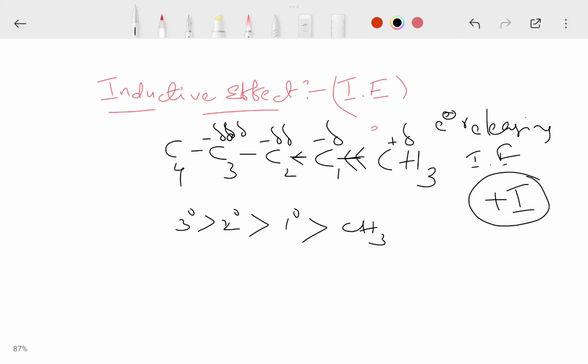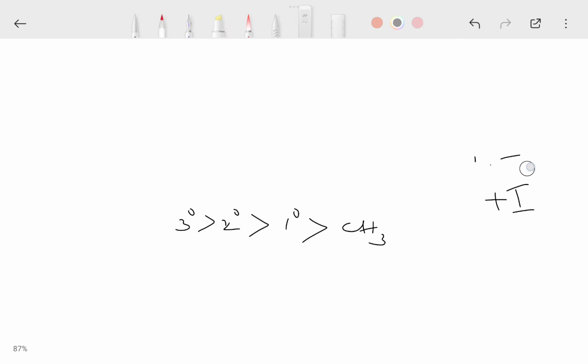Here we are discussing inductive effect. What is inductive effect? The transfer of electrons through sigma bond is known as inductive effect. There are two types: one is minus I effect, meaning electron withdrawing inductive effect. The second one is plus I effect, meaning electron donating inductive effect.